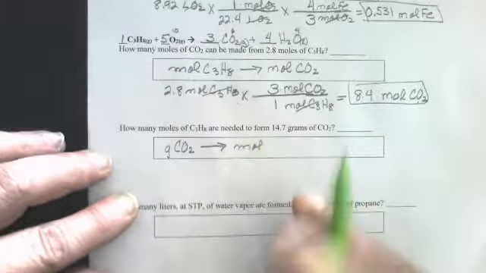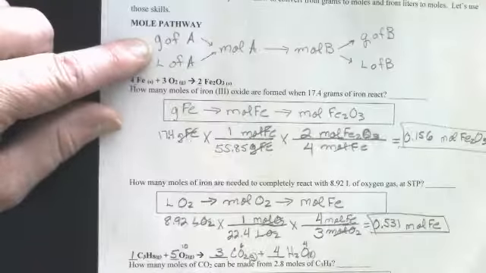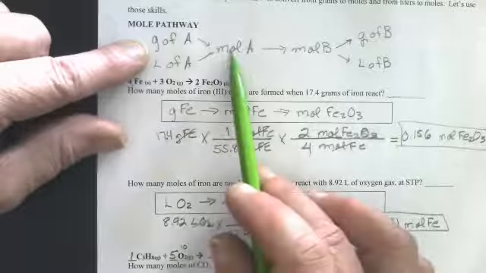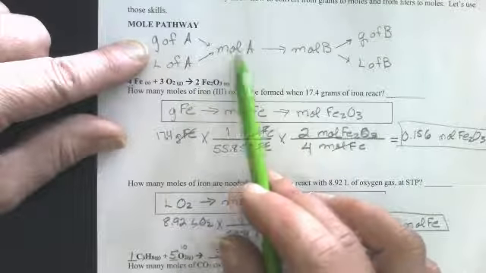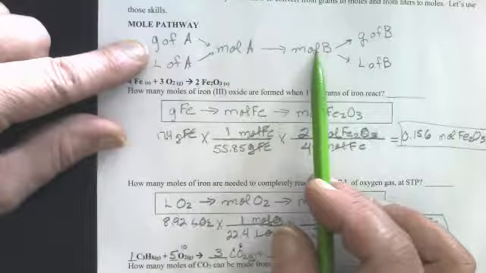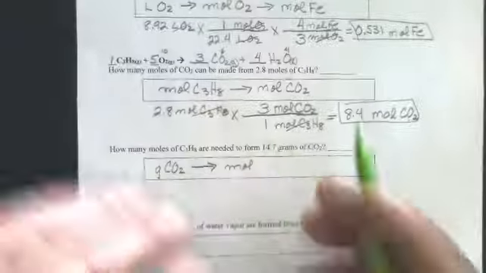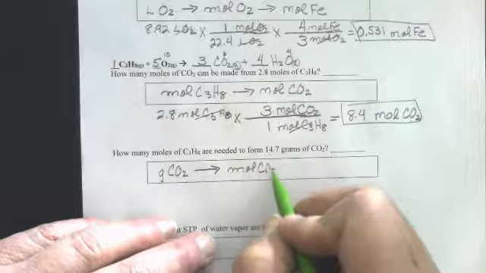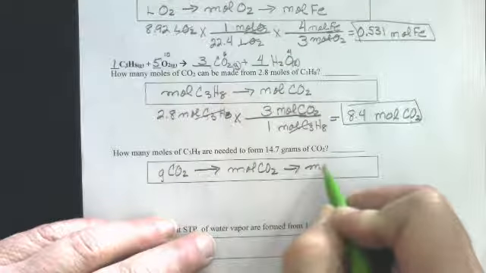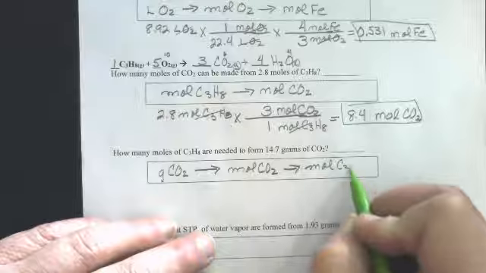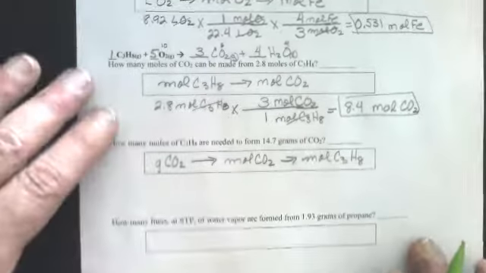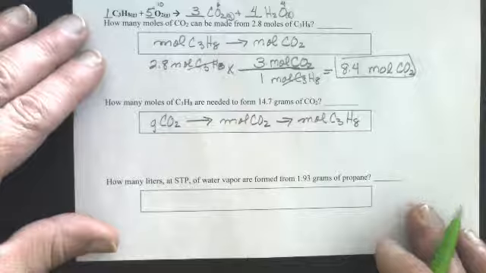From there I can go to moles of propane. Okay, so let's write out the equation then. I've got 14.7 grams of carbon dioxide.